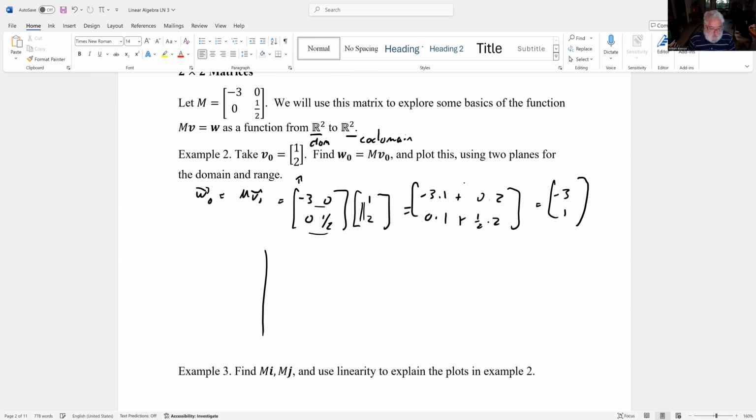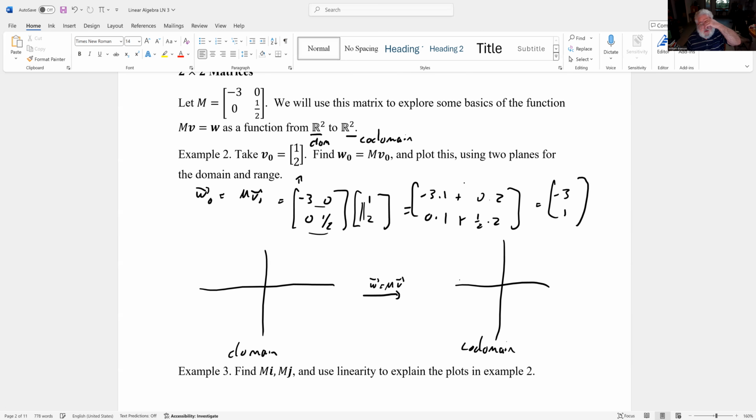So we sketch our domain, put a little arrow in there for our function, W equals MV, and then we draw our codomain. And again, we can't draw a graph like we do for y equals x squared because we need 4 dimensions. It's hard to draw.